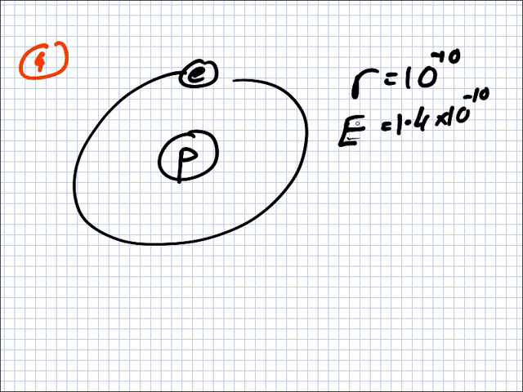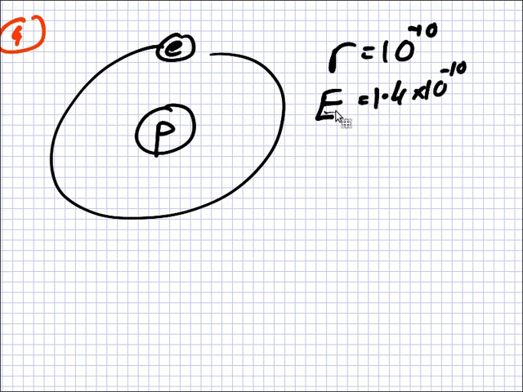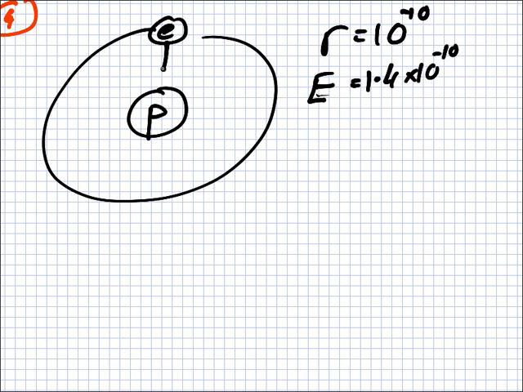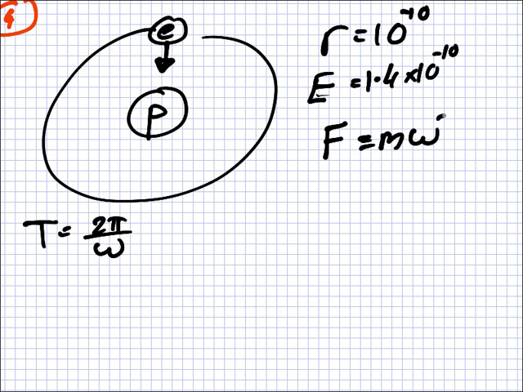1.6 times 10 to the power of negative 10. Could be, yeah, could be. Let's calculate it. So look, this is moving in a circle. So the formula, do you remember, for circular motion, T equals 2 pi over omega. Do we know omega? No. We could work it out. Because you know for circular motion, F equals m omega squared r.